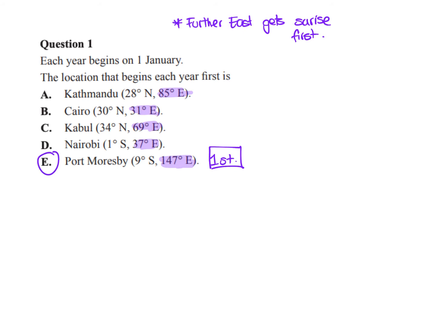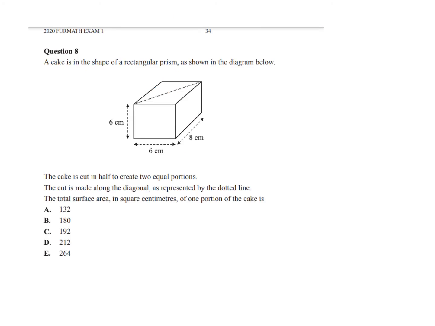E. Done. Okay, a cake in the shape of a rectangular prism is shown in the diagram below. The cake is cut in half to make 2 equal portions. The cut is made along the diagonal, as represented by the dotted line.